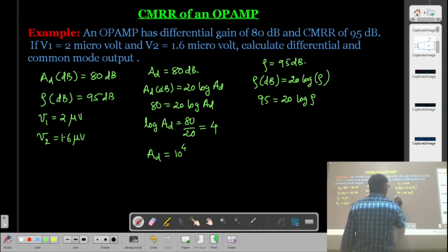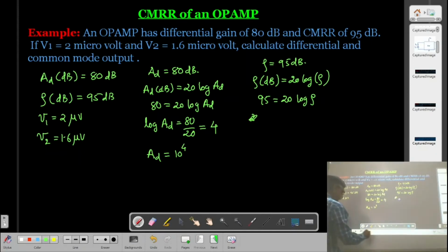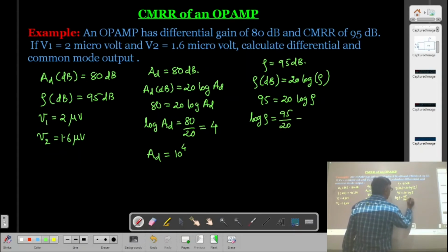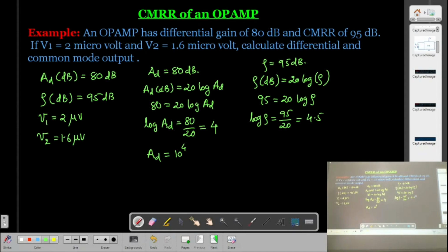So we can say that log rho is equal to 95 divided by 20. 95 divided by 20 is 4.75.